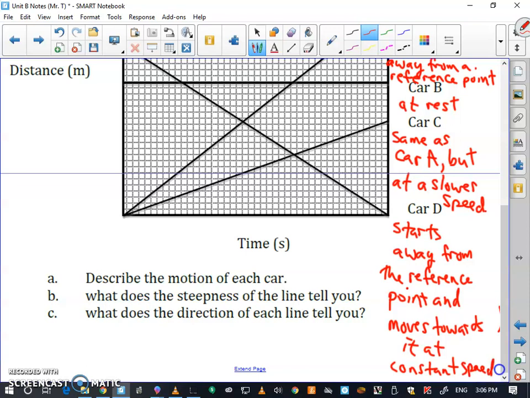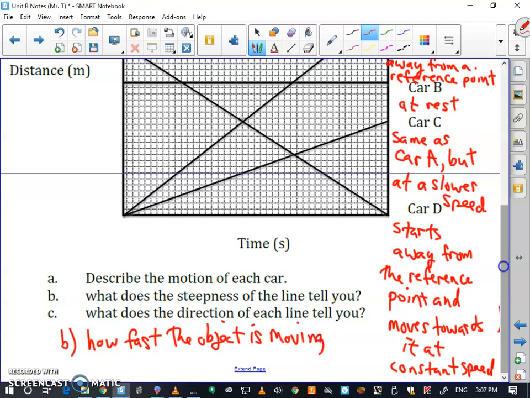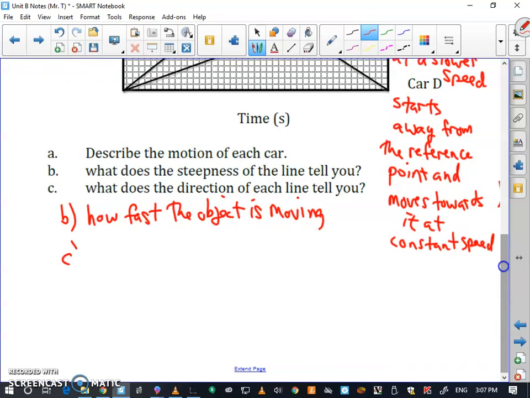So what does the steepness of the line tell you? Well, you kind of answered part A right there. But the steepness of the line in part B tells me how fast the object is moving. What does the direction of each line tell you? Whether it's going towards the reference point or away.